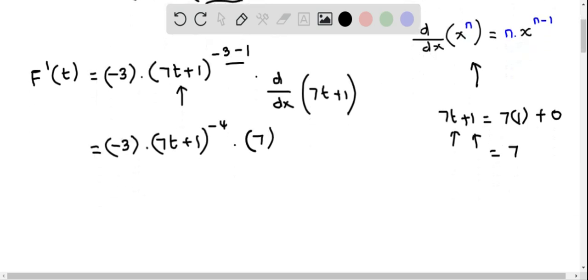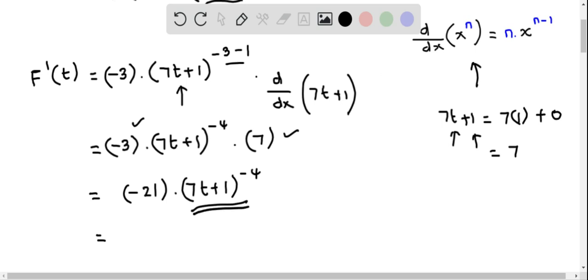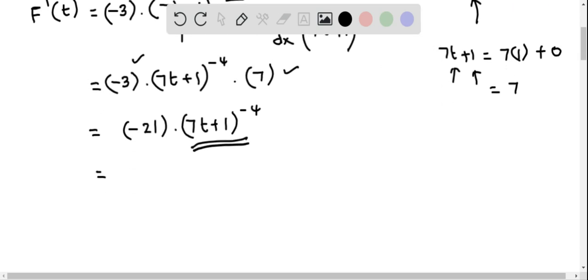Now we can simplify this. We multiply these two numbers, that is, negative 3 times positive 7 is negative 21, and this is times the expression (7t plus 1) raised to the power of negative 4. And now I can rewrite this negative exponent as a positive exponent, that is, negative 21 times 1 over (7t plus 1) raised to the power of positive 4.